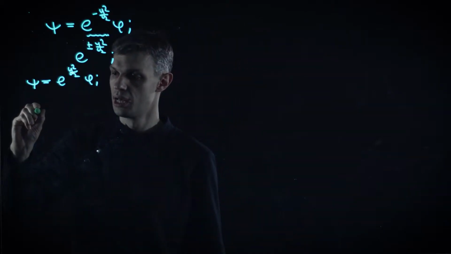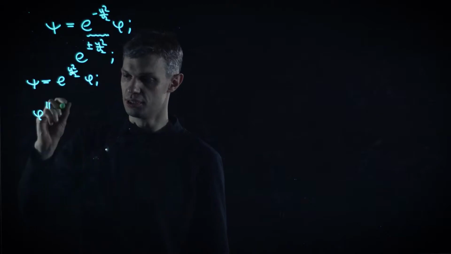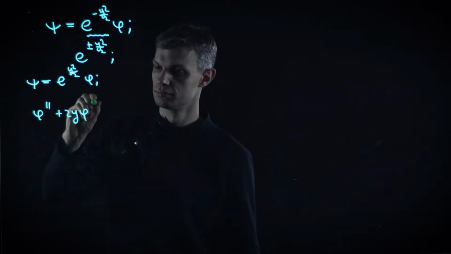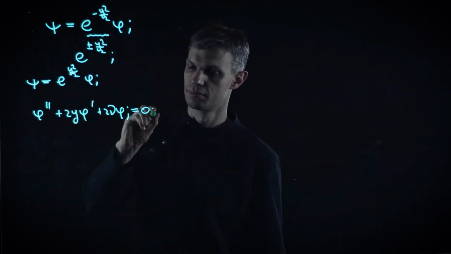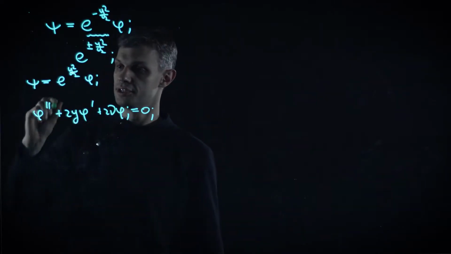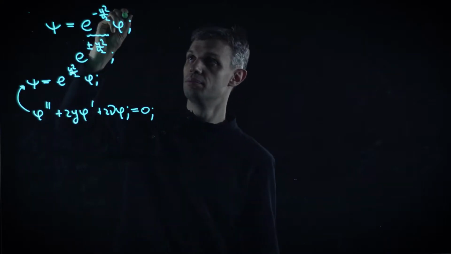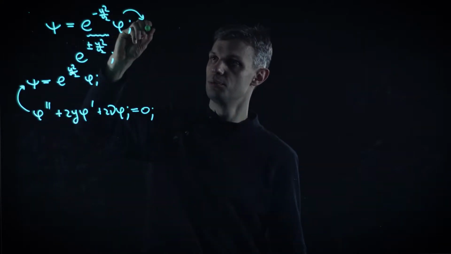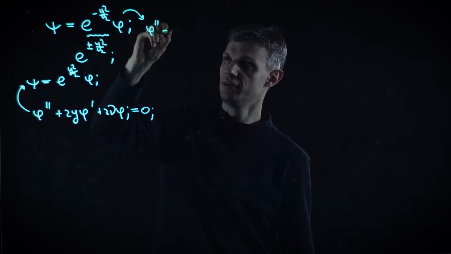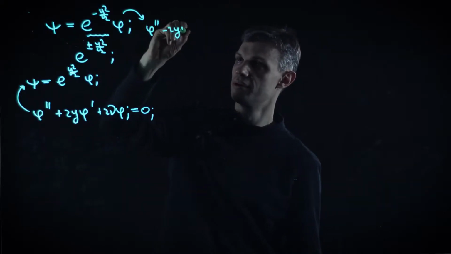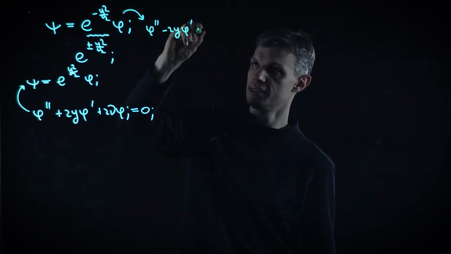So here is our equation. And this is for the plus sign ansatz. And for the minus sign ansatz, the equation was very similar, but simply with a minus sign here.